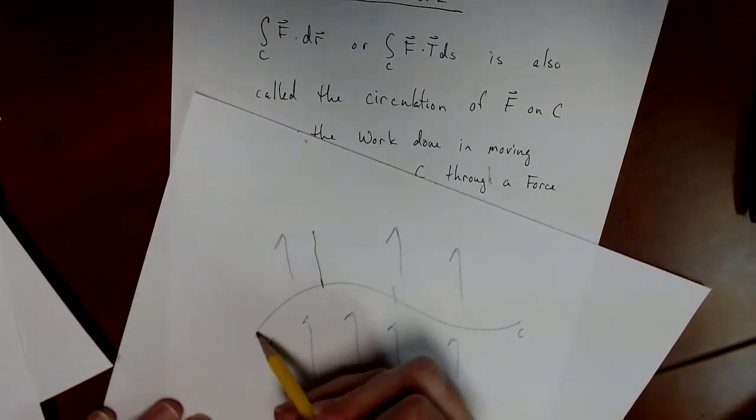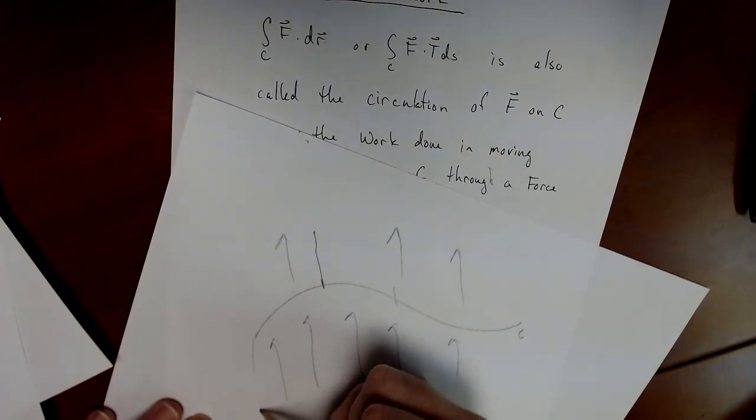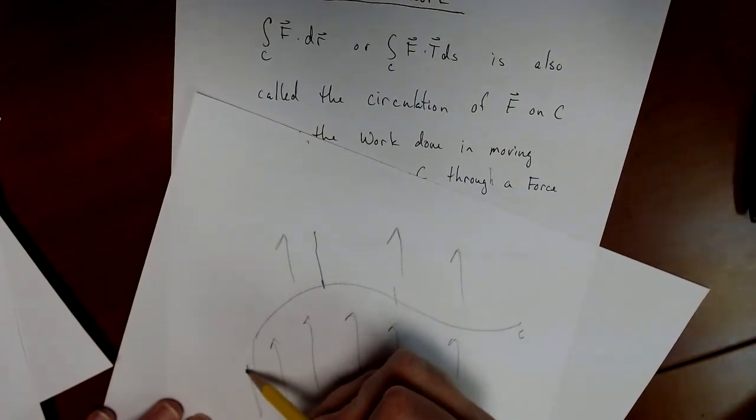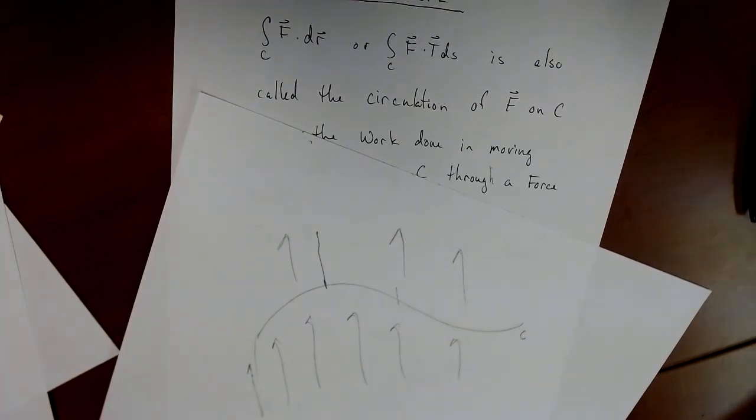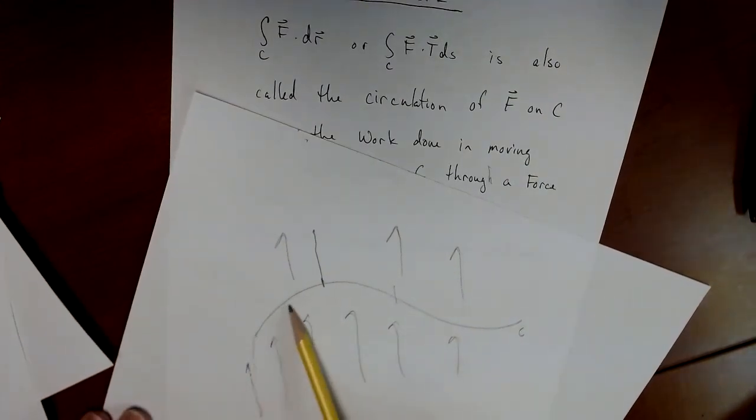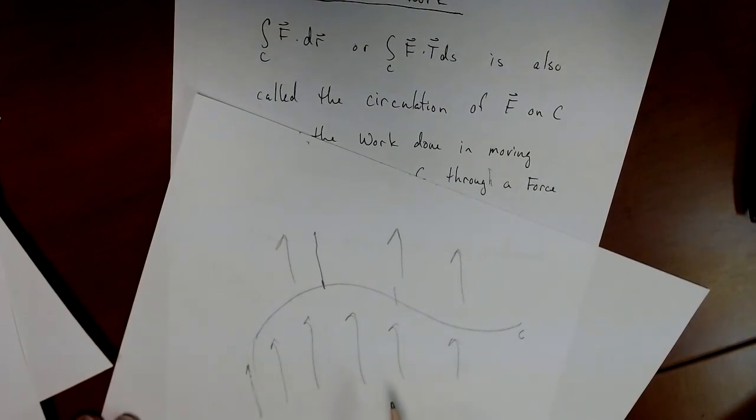And if this curve were to come back here some which way, then someplace here where the curve and the force field would be parallel, there would be 0. So it's a lot like circulation, except we're looking at how much the curve and the field are orthogonal.